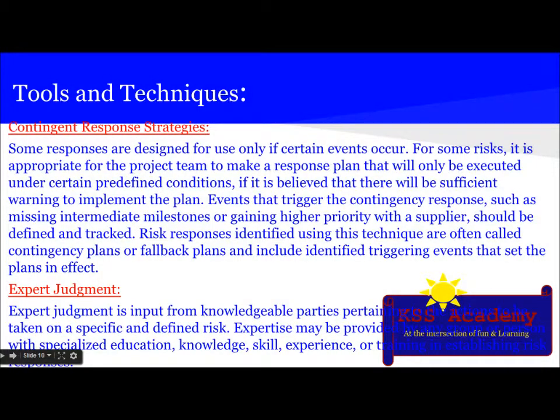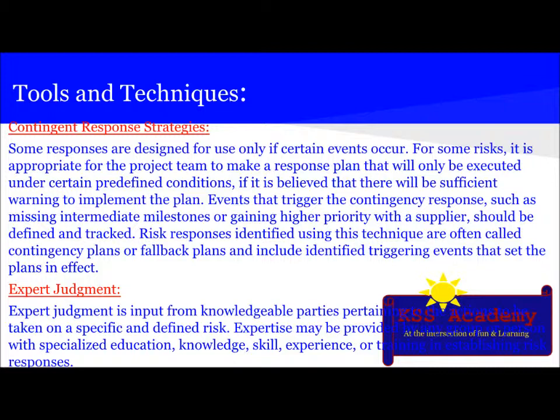The next tool and technique used for planning risk responses is contingent response strategy. Some responses are designed for use only if certain events occur. For some risks, it is appropriate for the project team to make a response plan that will only be executed under certain predefined conditions if it is believed that there will be sufficient warning to implement the plan.